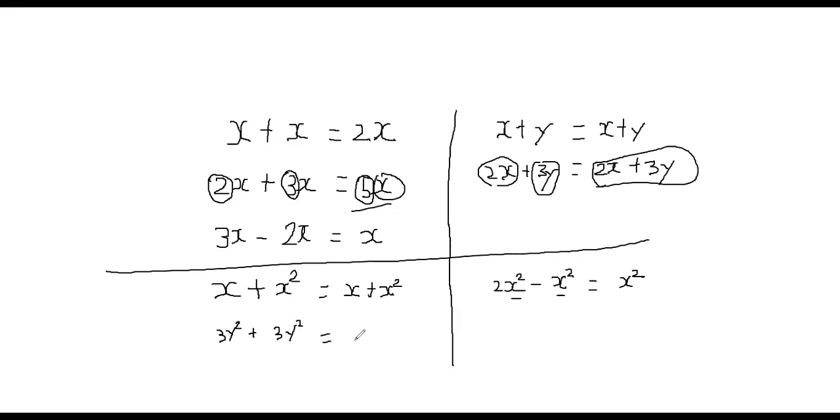What would be your answer there? 6y squared, because 3 and 3 is 6, and we just put the y squared, right? They are like terms, so they can be added. Good. So, everyone get the understanding of how this works?